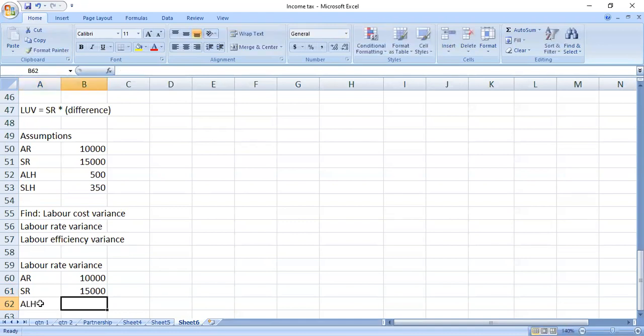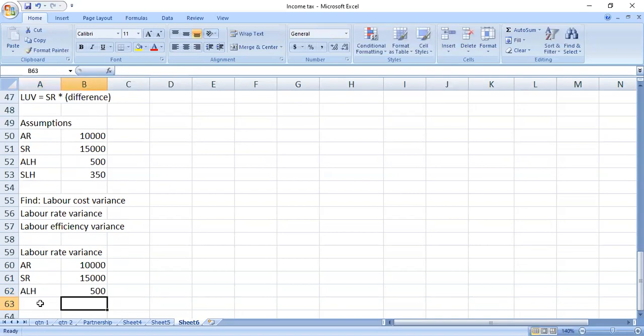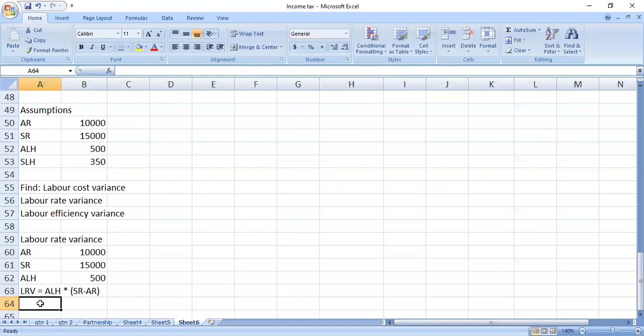So my labor rate variance is going to be equal to my actual labor hours times the difference, and the difference is big minus small. The big one in this case is standard rate, minus actual rate. Then you substitute. We have 500 times SR which is 15,000, then minus actual which is 10,000.